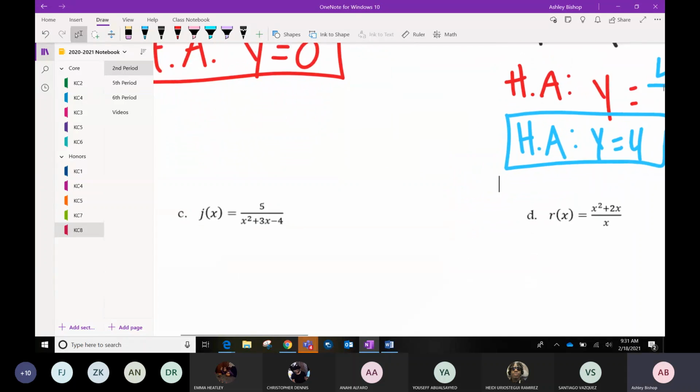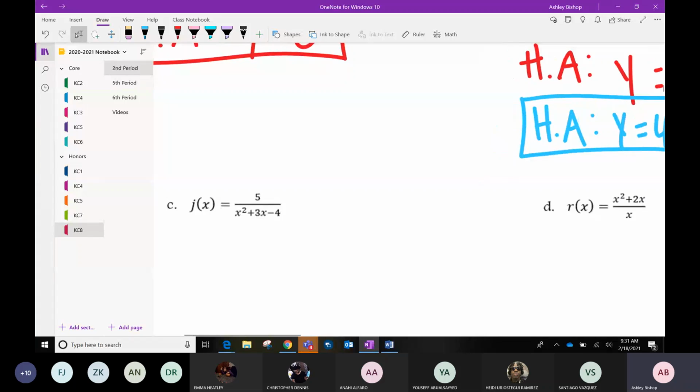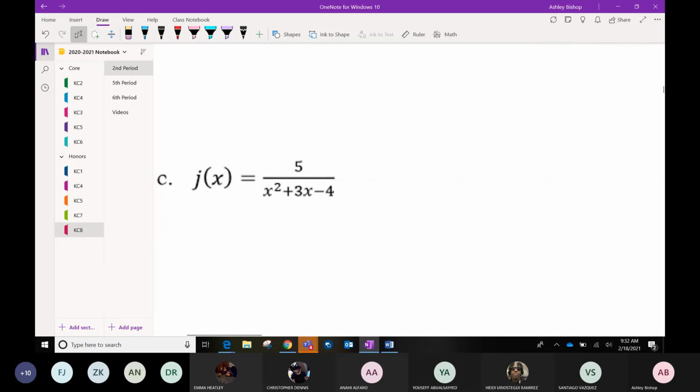Alrighty, let's keep going. The degree on top. What's the degree on top in this one right here? In the chat, what's the degree that's on the top? 0, right. When there is no variable, when there's no letter, there's a degree of 0.